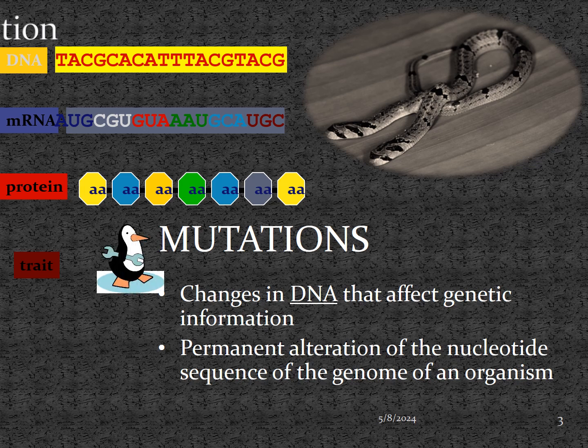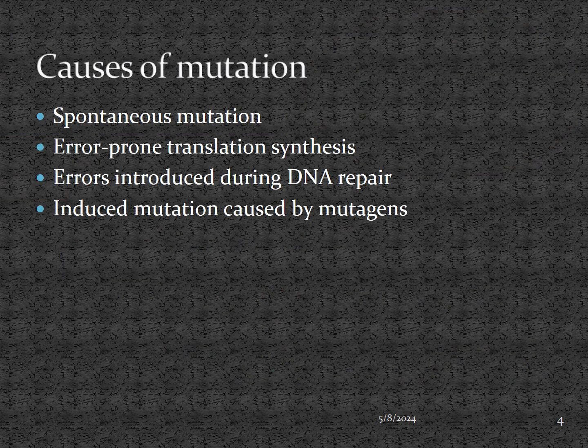So this is the normal way an organism is. You notice that the DNA and the proteins form the trait of an organism, which traces back to the DNA and the mRNA for passage of information.